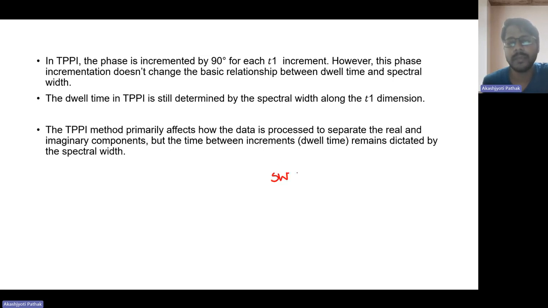So the spectral width will anyway be inversely proportional to the dwell time, or the dwell time will always be equal to one over two times the spectral width. The dwell time in TPPI still determines the spectral width along the T1 dimension. The TPPI method primarily affects how the data is processed to separate the real and imaginary components, but the time between increments remains dictated by the spectral width.